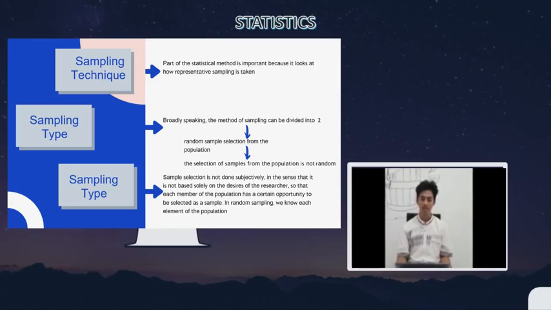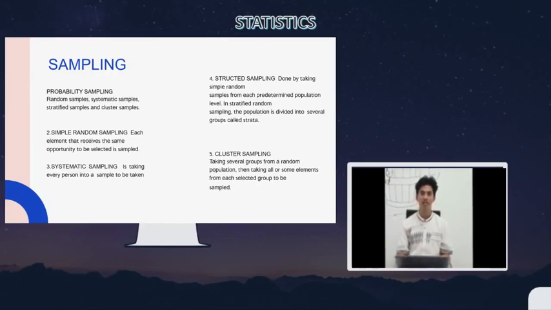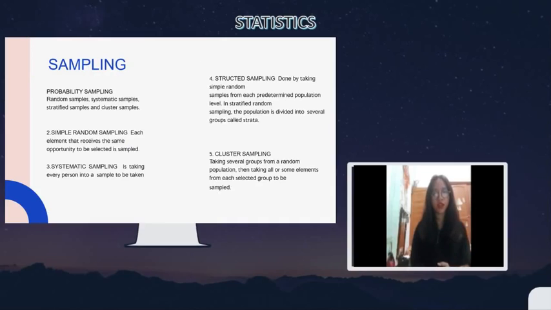Sample selection is done subjectively, in the sense that it's based solely on the desires of the researcher. In random sampling, each member of the population has a certain opportunity to be selected as a sample, and we know each element of the population. Probability sampling includes simple random samples, systematic samples, stratified samples, and cluster samples.